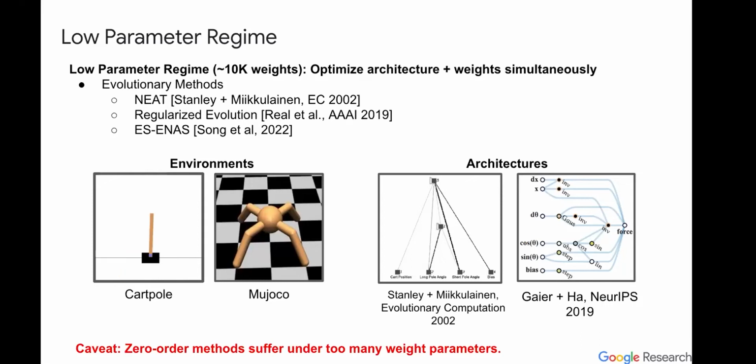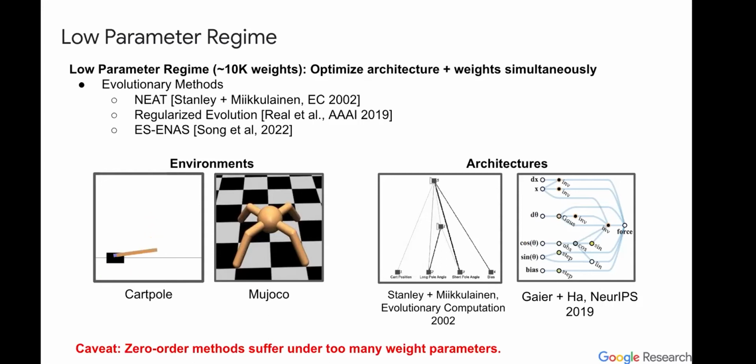Most of these methods currently optimize the architecture and weights simultaneously, and treat it as one single search space. For example, evolutionary methods such as NEAT, which is pretty long ago, or you can directly apply more recent evolutionary techniques like regularized evolution. We have one work that tries to optimize both directly using some of the most well-known evolutionary methods.